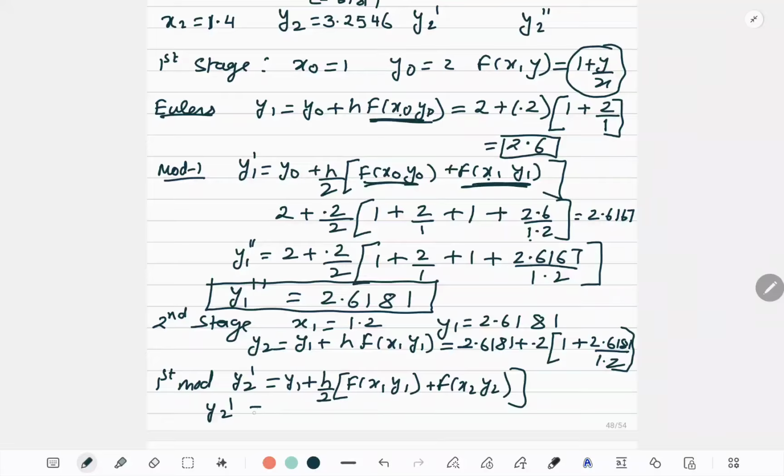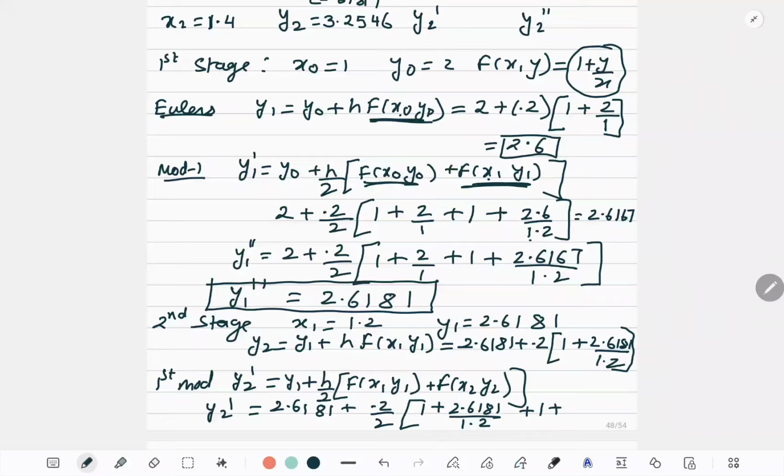So y2 dash is equal to y1. So what was the y1 when I started stage 2? y1 is 2.6181 plus 0.2 upon 2. Then f of x1 y1 means 1 plus 2.6181 upon 1.2 plus 1 plus y2 upon x2.